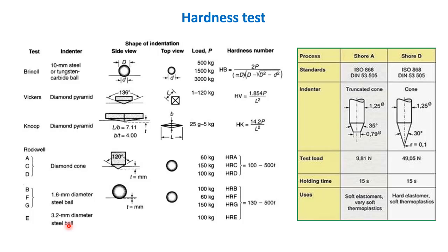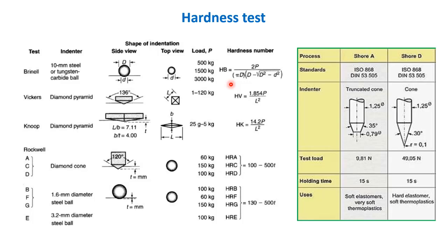That is how we have different kinds of hardness tests, and the load will be different for those, and the hardness number will be calculated using a different formula. Every time we want to mention the hardness, we generally write it as Brinell hardness or Rockwell hardness, because for every indenter the hardness number will differ.